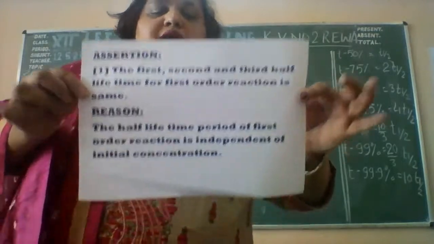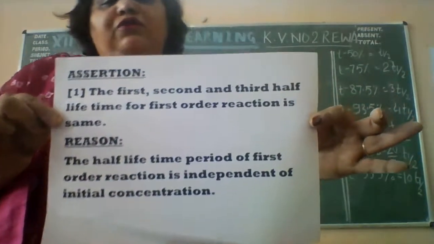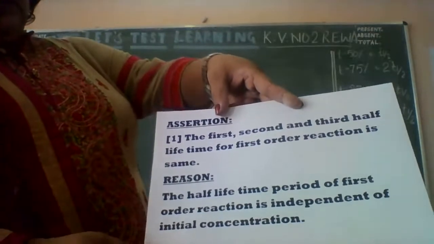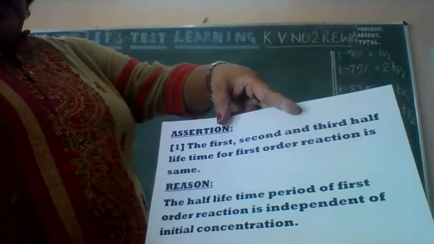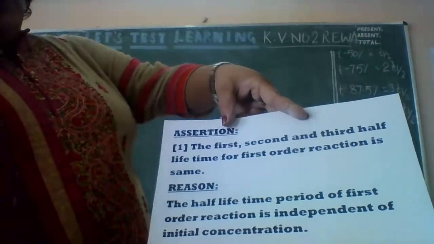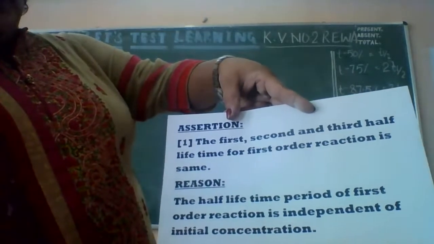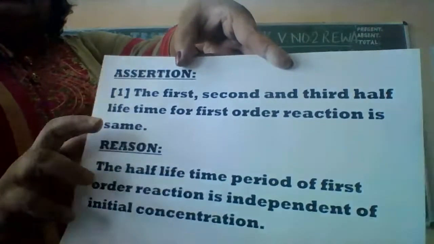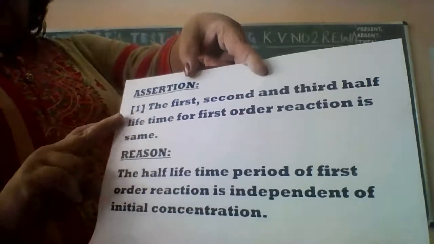This type of question, I am just going to make you familiar with. What is the assertion I have written? The first, second, and third half-life time for a first order reaction is the same. So just now I told you that this is correct.